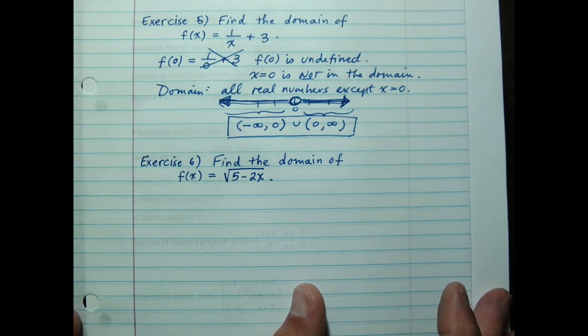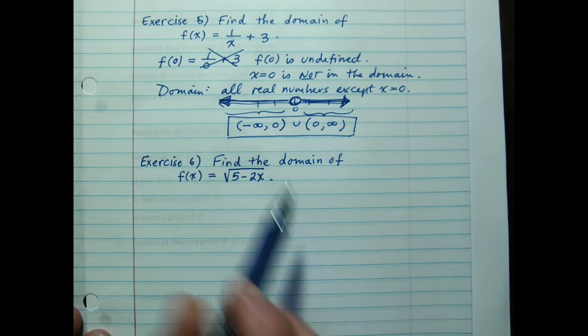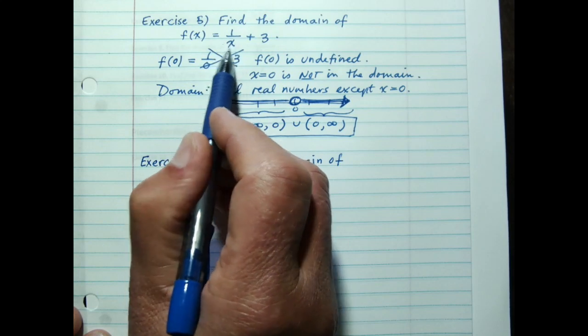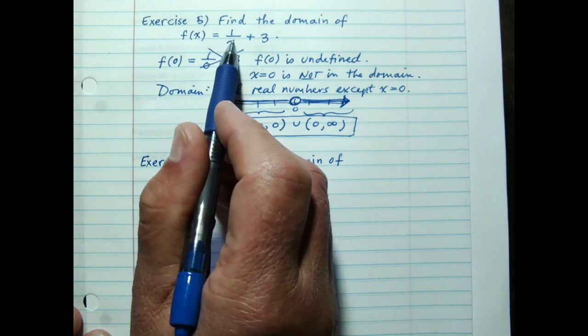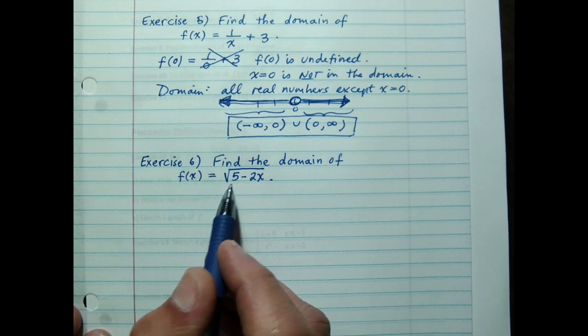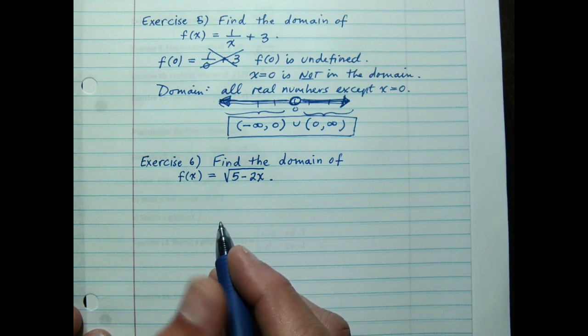And so you have to realize there's different techniques that get applied for different situations. One kind of situation is where you have a variable in the denominator, like in exercise 5. In exercise 6, we have a totally different kind of situation. We have a square root involved.